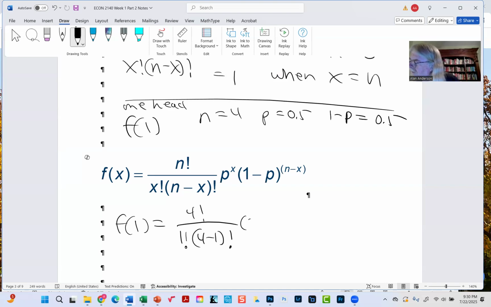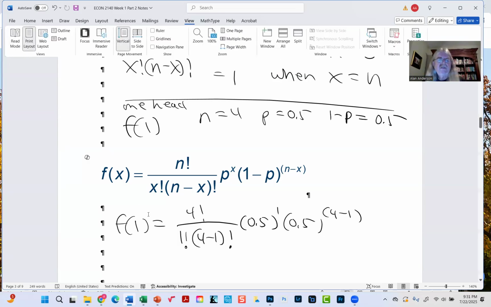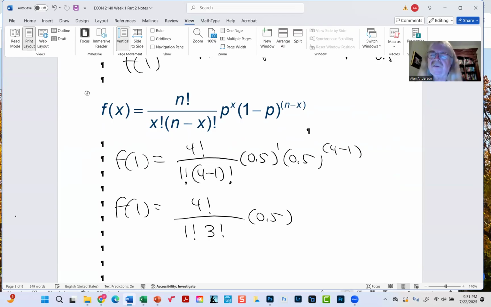And then we'll have 0.5 to the first power, 0.5 to the 4 minus 1 power. And now we can simplify it just a little bit. 0.5 to the first is just 0.5, and then we have 0.5 cubed.